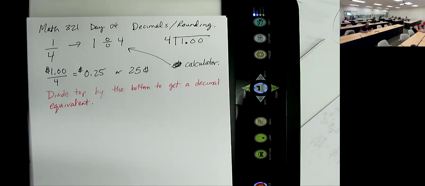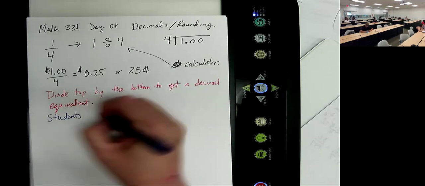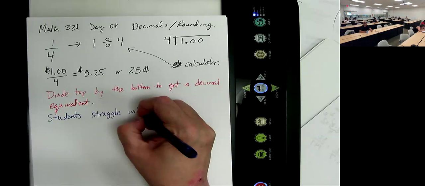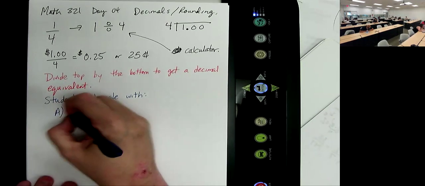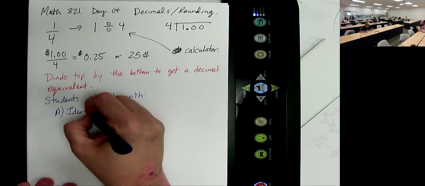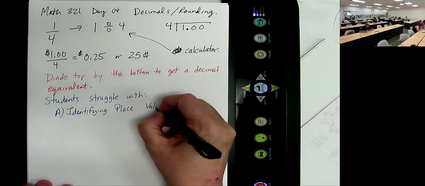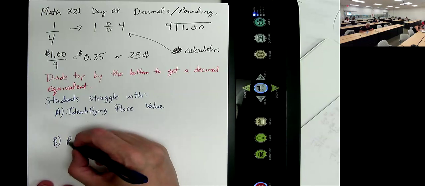Now, I have found this to be universally true, from this class all the way up to Calc 3, students struggle with two things. Predominantly two things. A, identifying place value. And B, rounding.